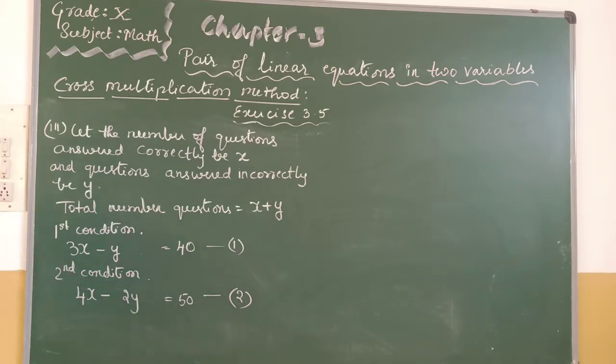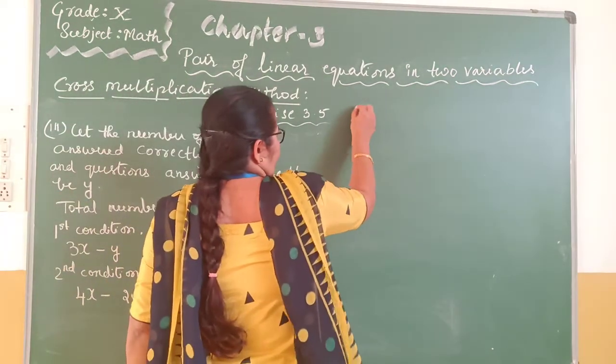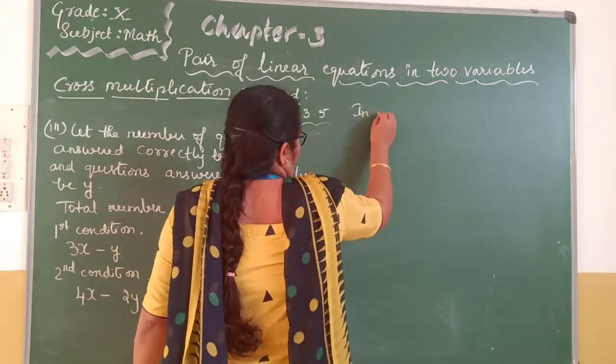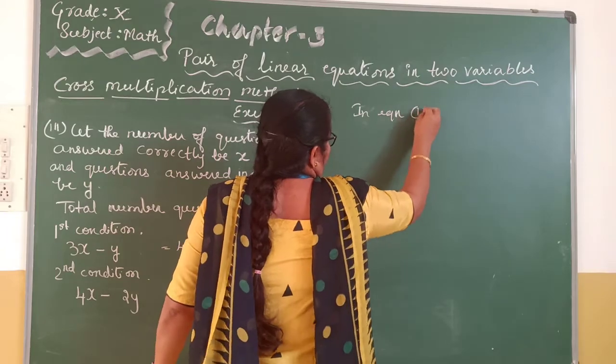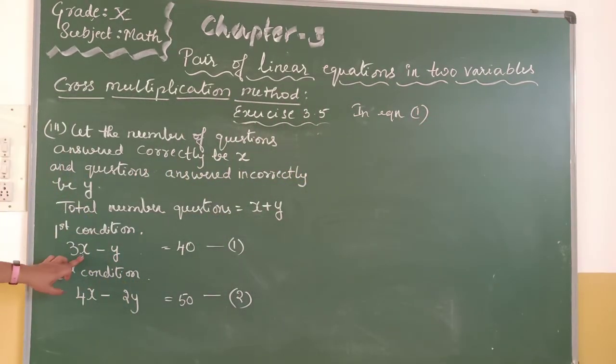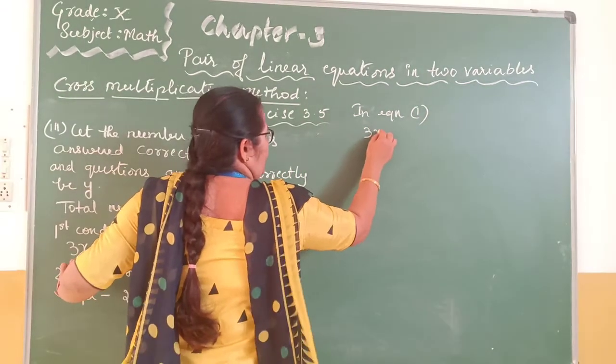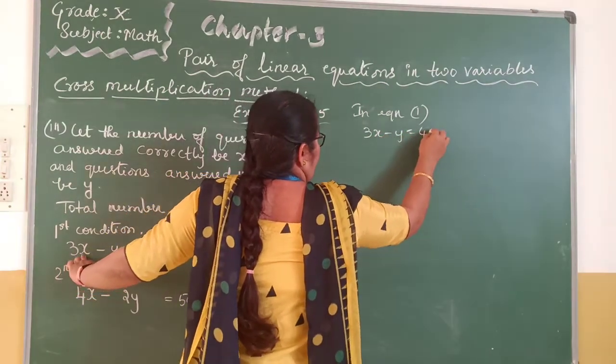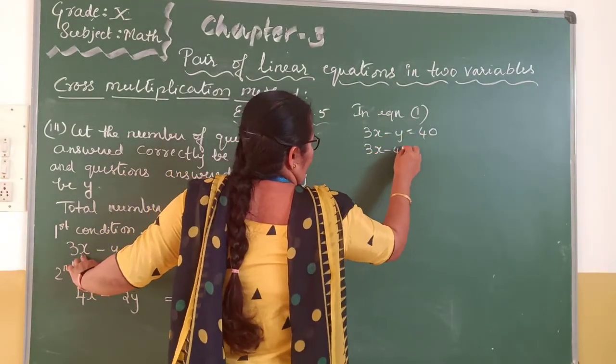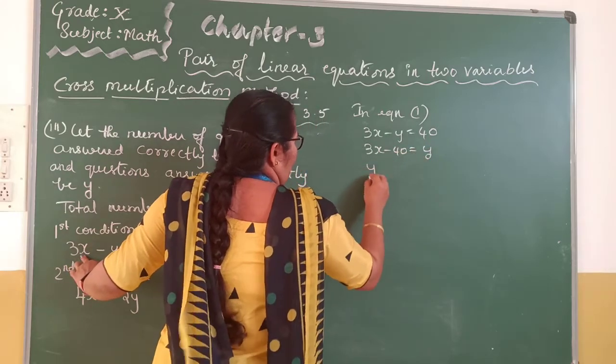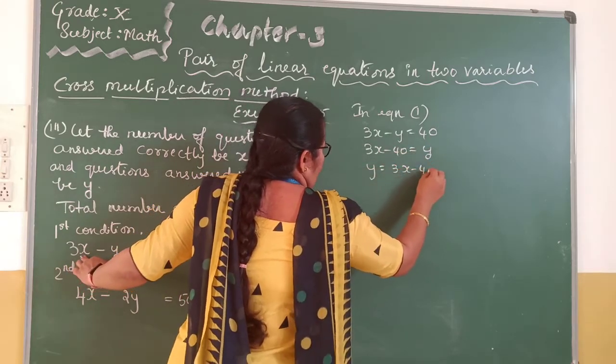Now see here, you can substitute the first equation in the second equation, or you can use the elimination method or cross multiplication method. Now take equation 1: 3x minus y equals 40. So 3x minus 40 equals y, so y equals 3x minus 40.